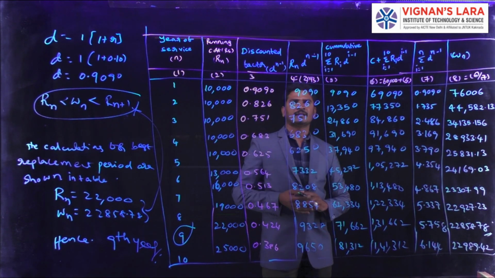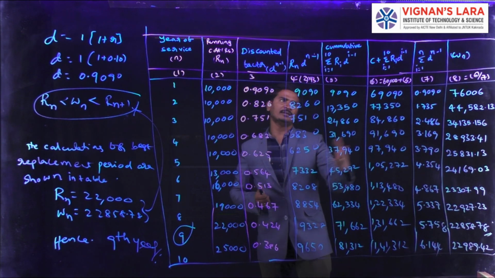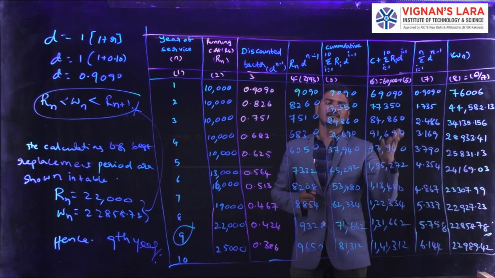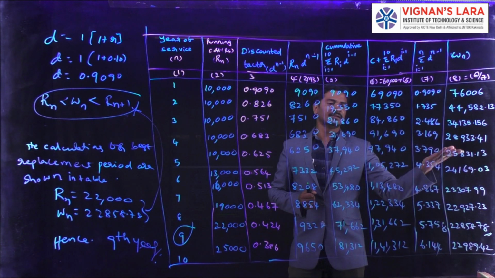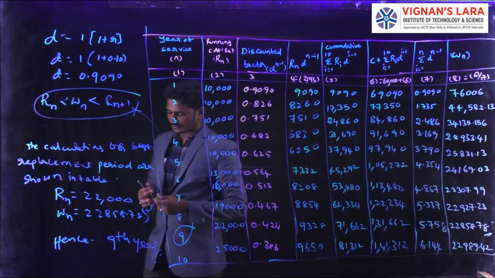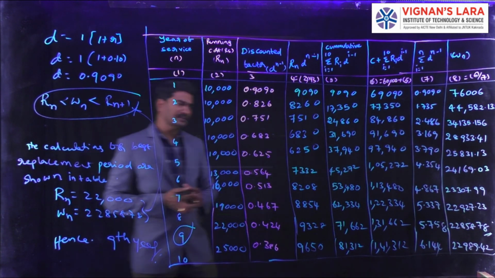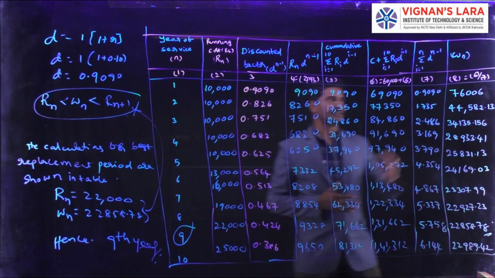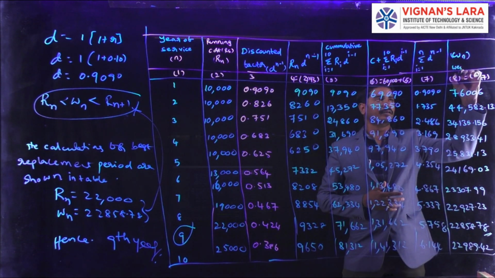And here we are taking the cumulative factor. Here also we are taking the cumulative with capital cost. Here we are taking the discount factor cumulative, and here we are calculating the WN value. Okay, that is the running cost value, or it is also called the weighted average. WN means weighted average.